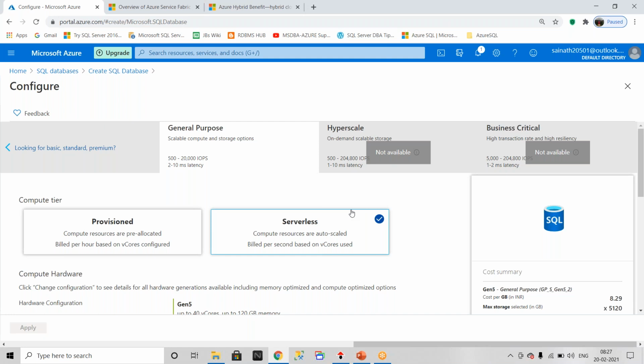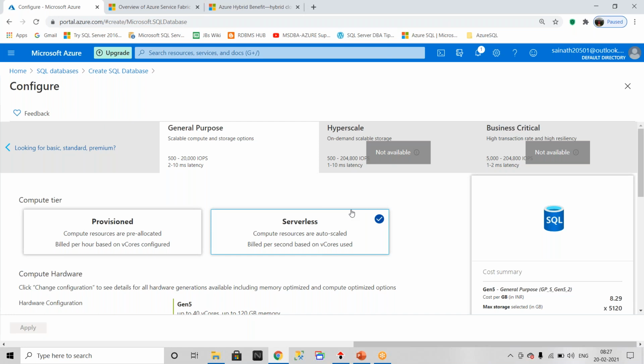Now, how does Microsoft maintain the infrastructure for all your PaaS environments? Using Service Fabric. It is like an Azure scale set where you group VMs, whether Windows VMs, Linux VMs, or container VMs. That is what happens in the backend.